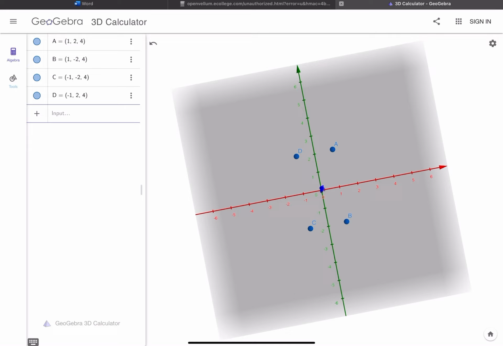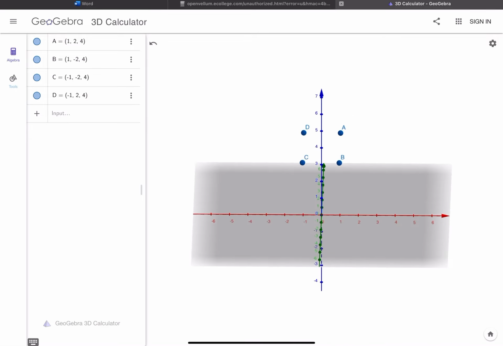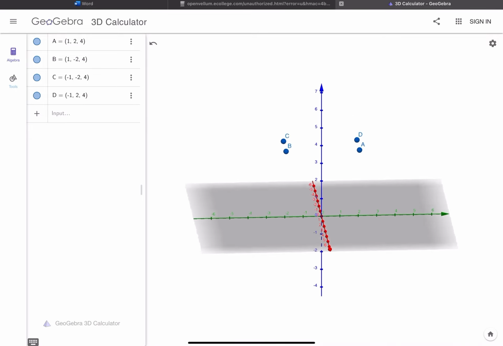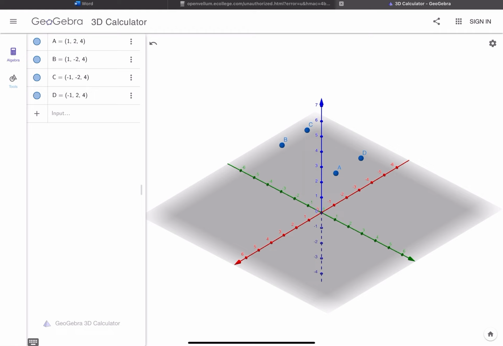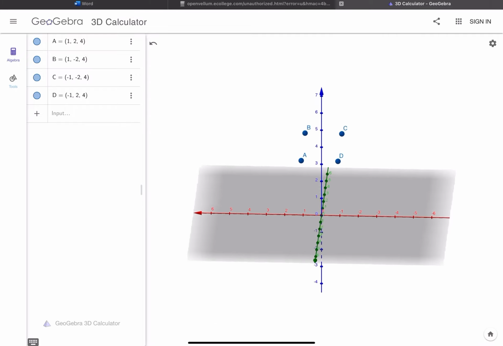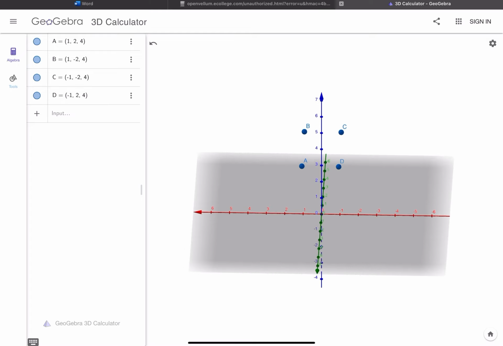So we have 4 points in 4 octants, and this is how points look in three-dimensional space. We won't do a lot of this drawing on paper because we can't draw in 3D on 2D, but we can try to visualize this in three-dimensional space using some technology.